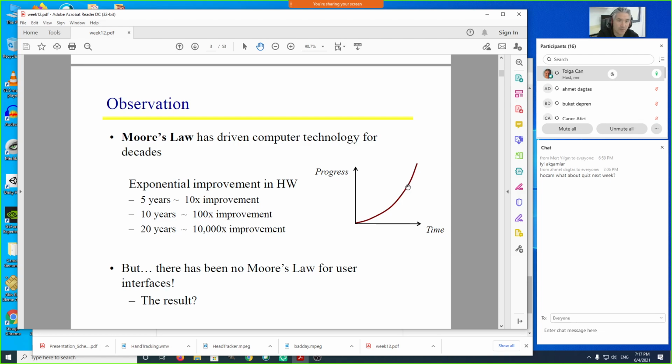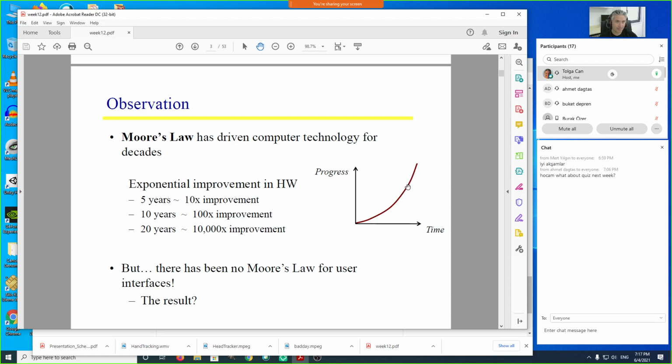Okay, so when I come here, I still need to type a password to log in to my desktop. Wouldn't it be nice, for example, if I just enter my office and sit on my chair, and immediately the computer recognizes it's me and says, "Hello, Tolga, welcome to your office," and automatically logs me onto my desktop?